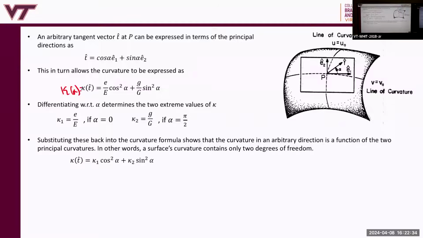Those two extremes become this and this. At alpha equal to pi over 2 and alpha equal to 0, you get these two solutions. Substituting these back into the curvature formula shows that the curvature in an arbitrary direction can be expressed in terms of the principal curvatures and this kind of sinusoidal interpolation.